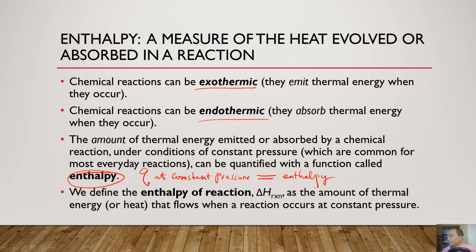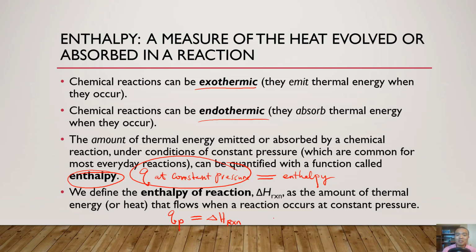By the way, Q under constant pressure can be written as Q with a subscript P. Enthalpy is written as delta H. If you want to specify it's for the reaction, you can use a reaction subscript. QP is delta H for the reaction. Basically, enthalpy is the measurement of the heat under constant pressure. If it's exothermic, that means it's releasing heat. Endothermic means it's absorbing heat.